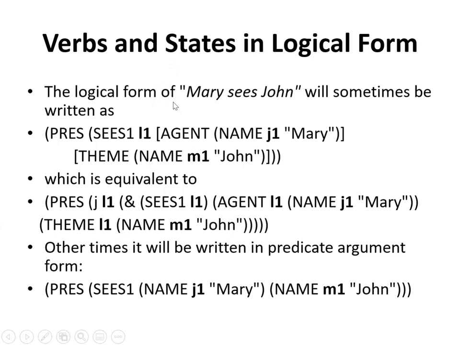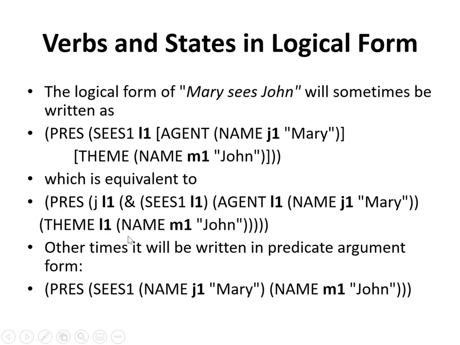The next logical form, for the sentence Mary sees John, will sometimes be written as present tense sees, then agent name Mary and theme name M1 John, which is equivalent to present tense sees L1, agent L1, name J1 Mary, theme L1, name M1 John.